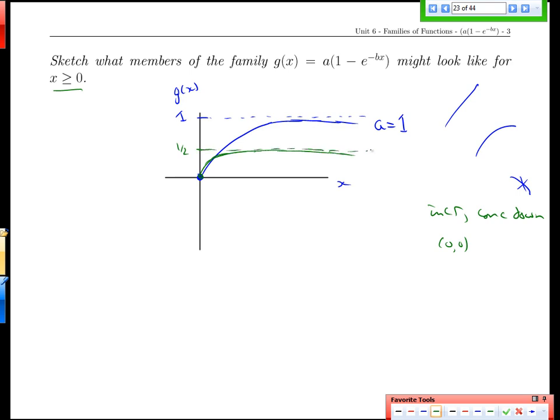But we can say the family member with a equals 1/2 will look roughly like that. And if we wanted to go up higher, let's pick a different color for that. We could go up like so, up to 2. That would be a equals 2 with a nice horizontal asymptote at height y equals 2. So all of these functions share commonalities, and they also are distinct in particular ways depending on the choice of a and b.